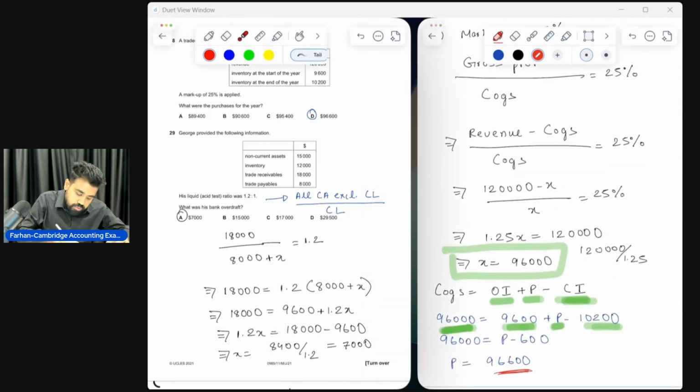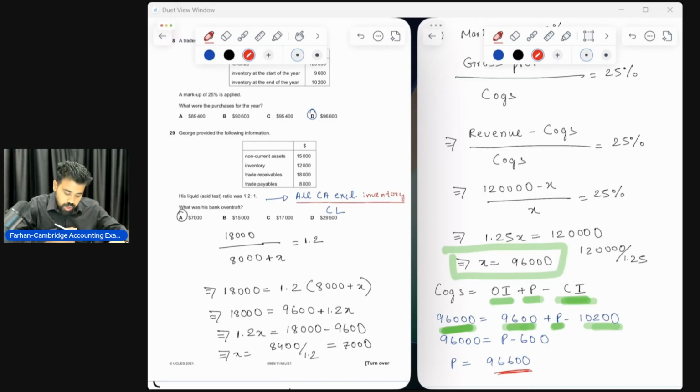George provided the following information. His liquid or acid test ratio was 1.2. What was his bank overdraft? First of all, what is the formula for acid test ratio? Acid test ratio is calculated as all current assets excluding inventory, in the numerator, divided by the current liabilities in the denominator.